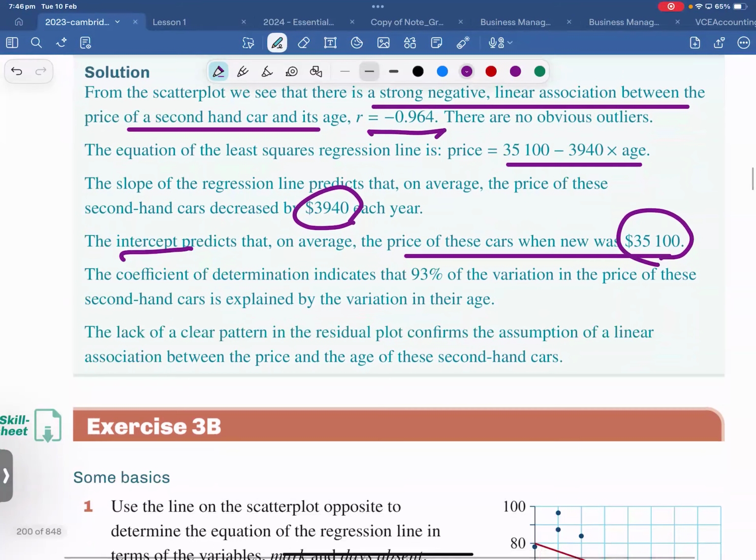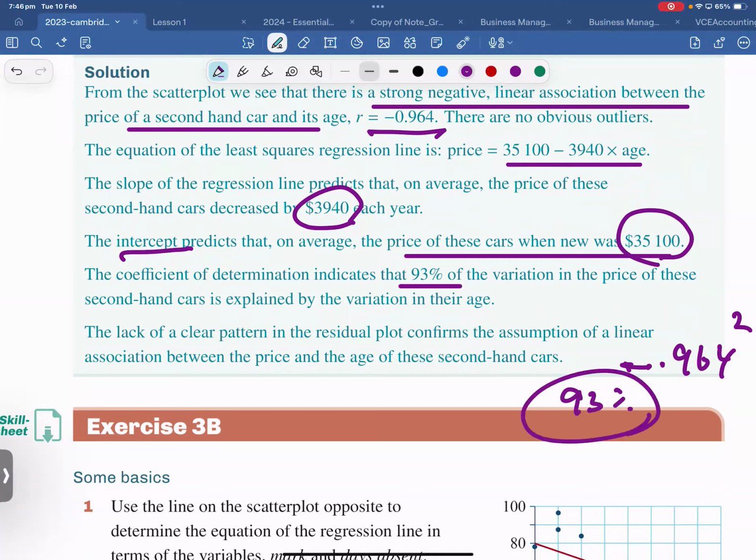The coefficient of determination indicates 93%. How do we calculate it? Negative 0.964 squared. Then we got 93%, meaning 93% of the variation in the price can be explained by the variation in the age, which is determined by the coefficient of determination.